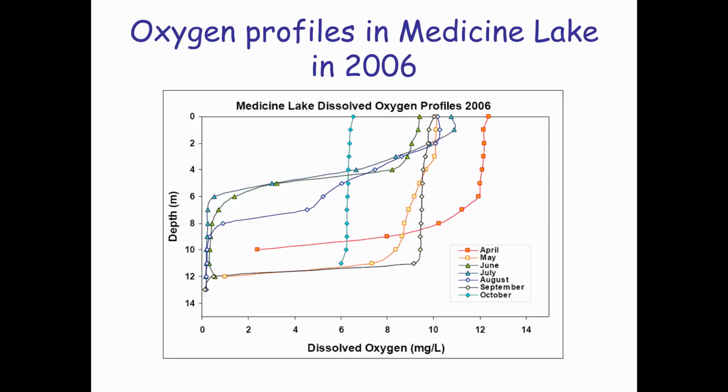This shows the slide for 2006 conditions, showing the oxygen concentration in the water column, and those concentrations are greatly reduced in June, July, and August, the period when internal loading is the worst within the lake.